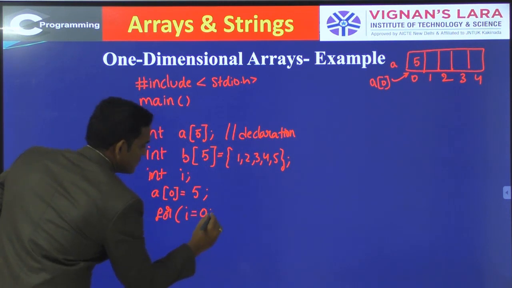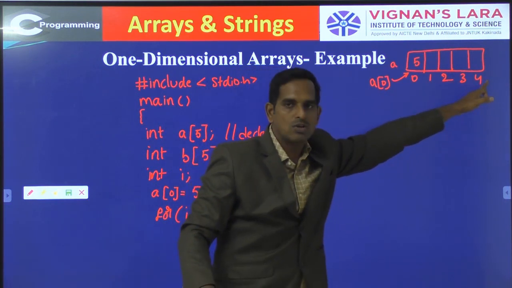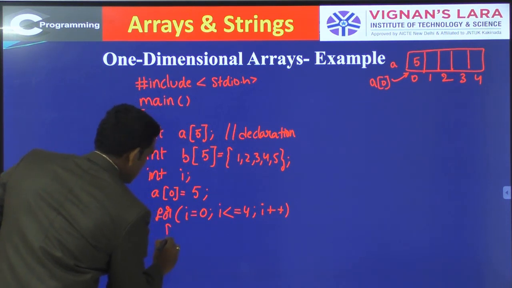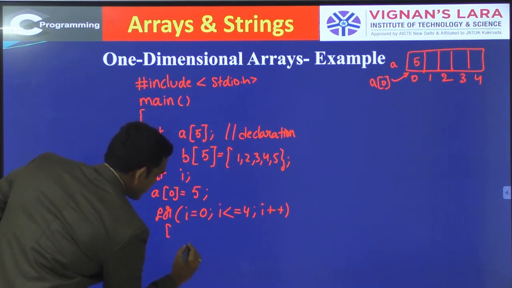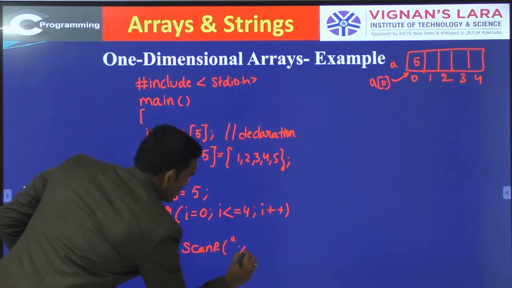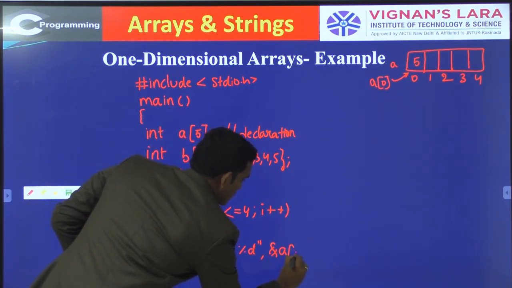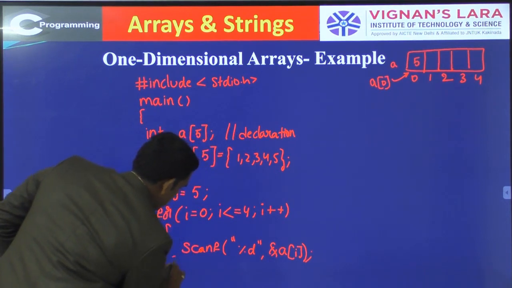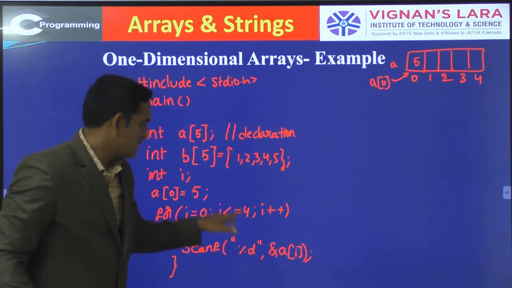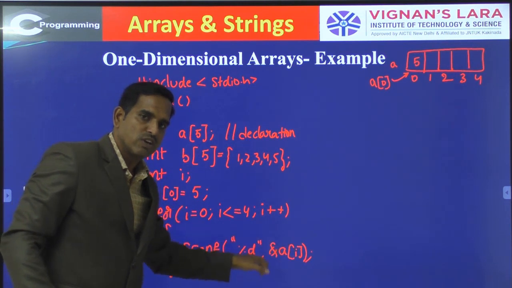Or at a time I can give values like this. For I is equal to 0, I less than or equal to 4, that is I am starting from 0 to 4, I plus plus. Inside that I can have a simple statement like this, scanf %d address of A of I. When I have address of A of I, when your I value is 0, the first value you enter when you are giving the input will go into A of 0.